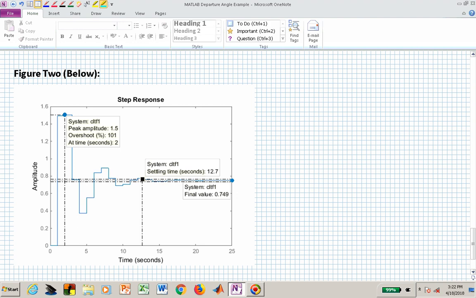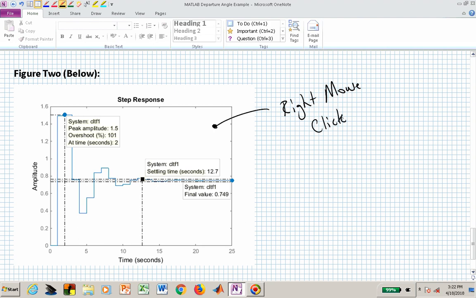And I can find all of these characteristics inside MATLAB by simply doing a right mouse click, and that now allows me to open up this option to look at different properties of this step command.